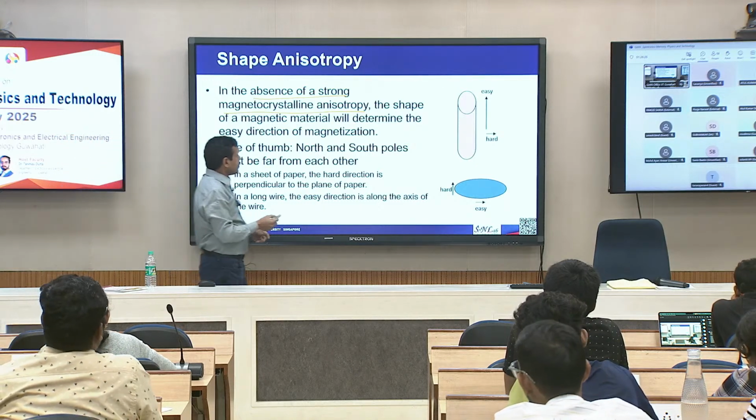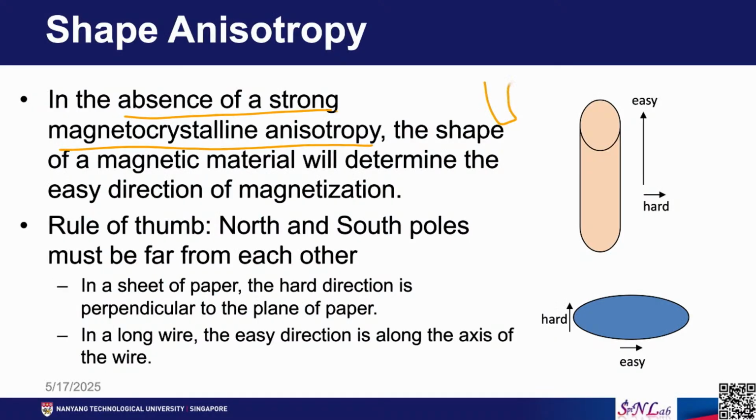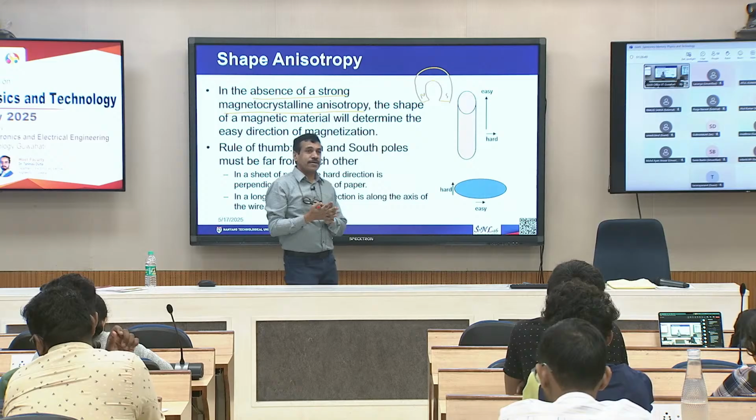How many of you have seen horseshoe magnets? Have you seen these magnets? Usually these magnets were popular long ago, maybe hundreds of years ago, when people did not have materials with a high anisotropy.